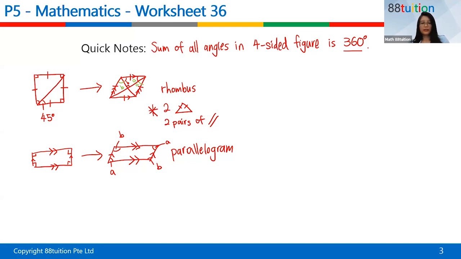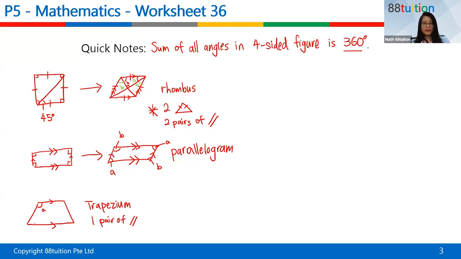Then there's another one, what we call a trapezium. The only property of a trapezium is that there is one pair of parallel lines. One pair of parallel lines.